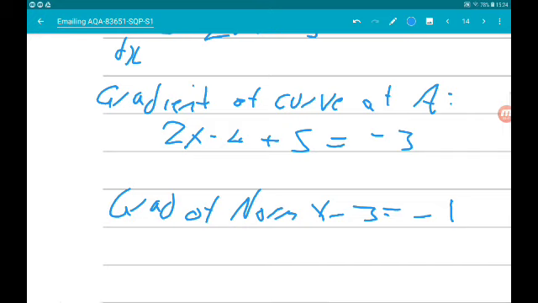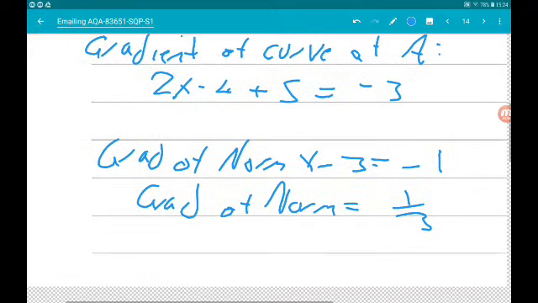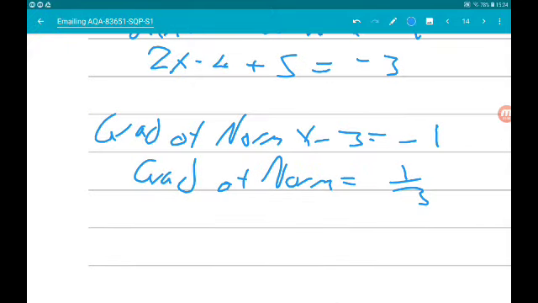So, gradient of the normal is minus 1 divided by minus 3. So, 1/3.